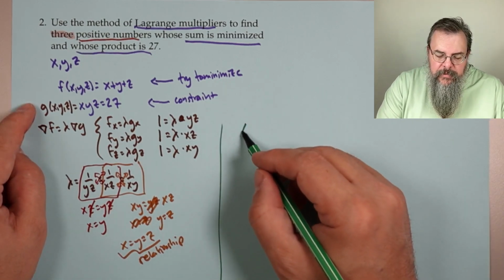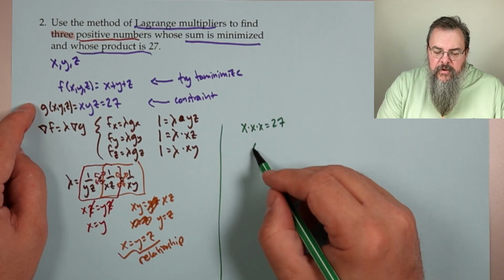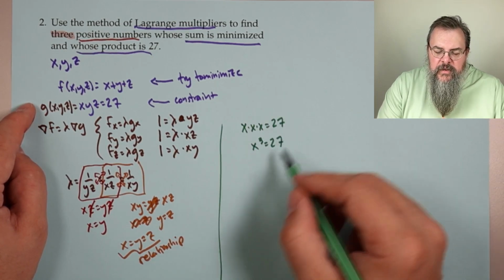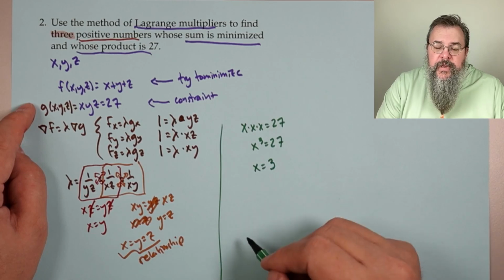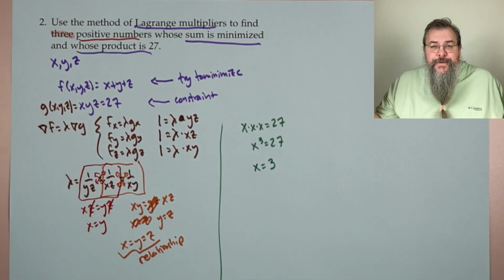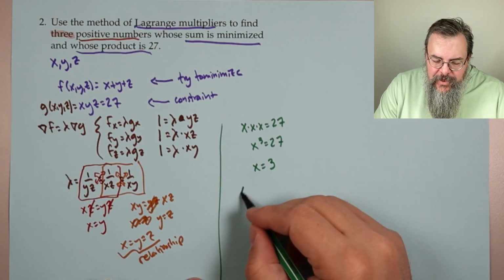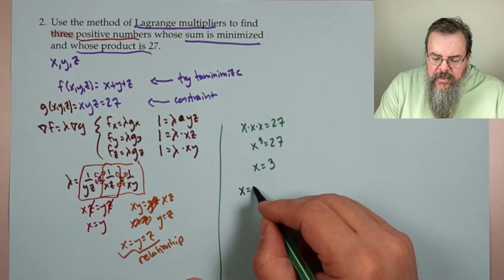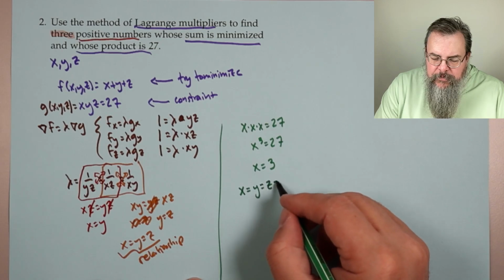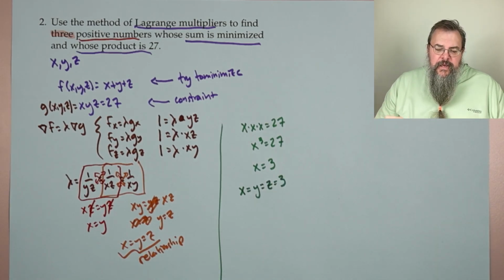So that becomes x times x times x equals 27, or x cubed equals 27, or x equals 3. So we have one point. And if there's only one, it has to be the one. And so we come to the conclusion that at the ideal location, we have x equals y equals z equals 3.